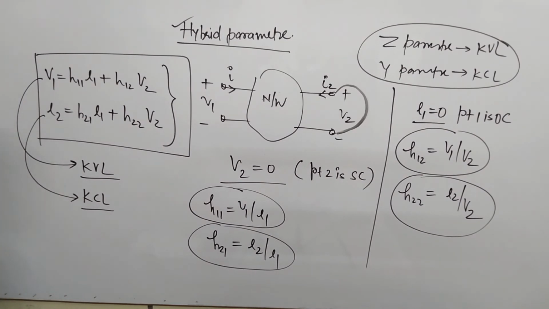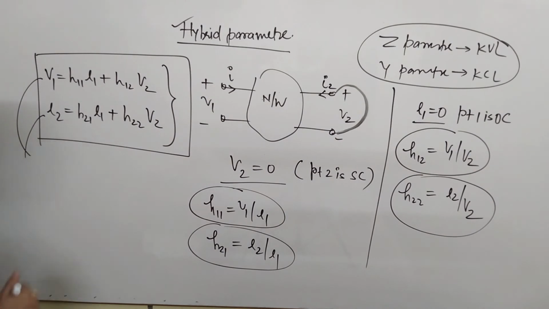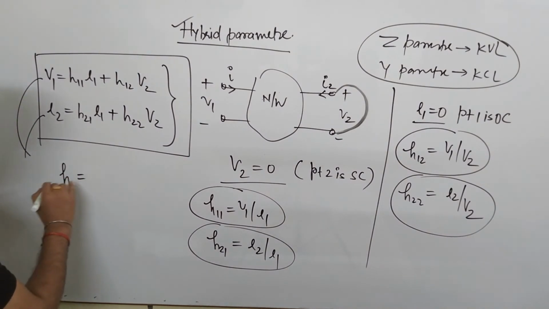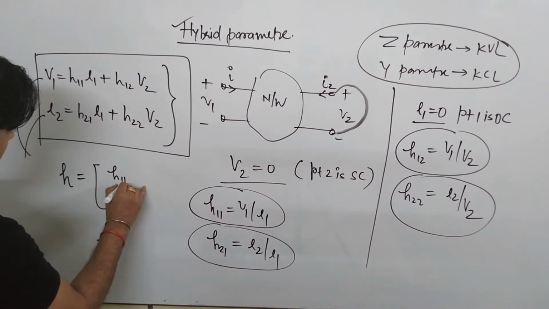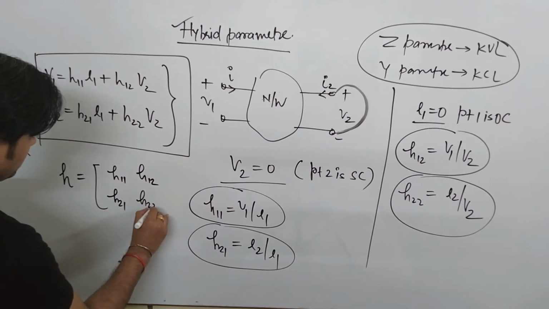Here I can also write the H matrix. This H matrix is given in the form of H11, H12, H21, H22.